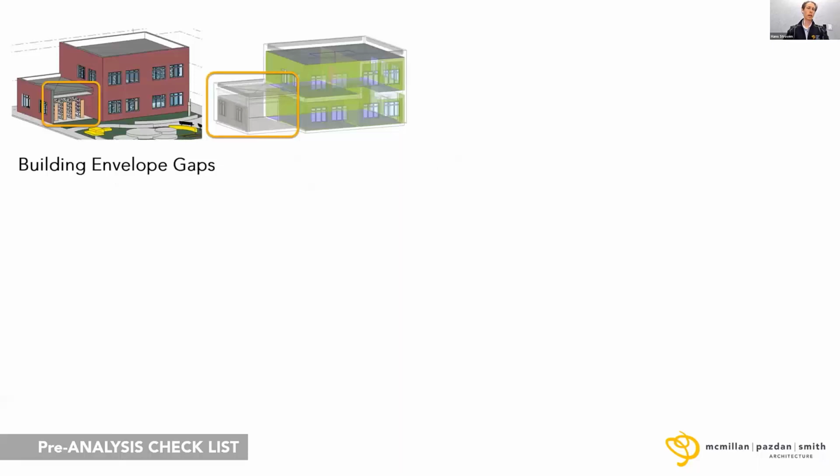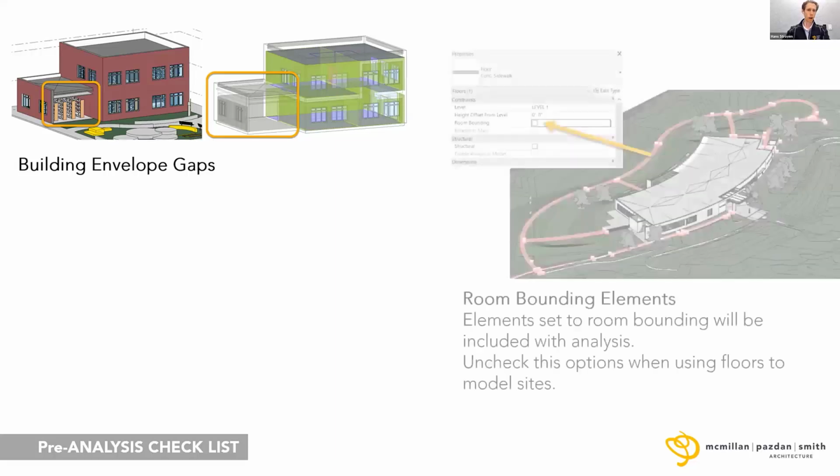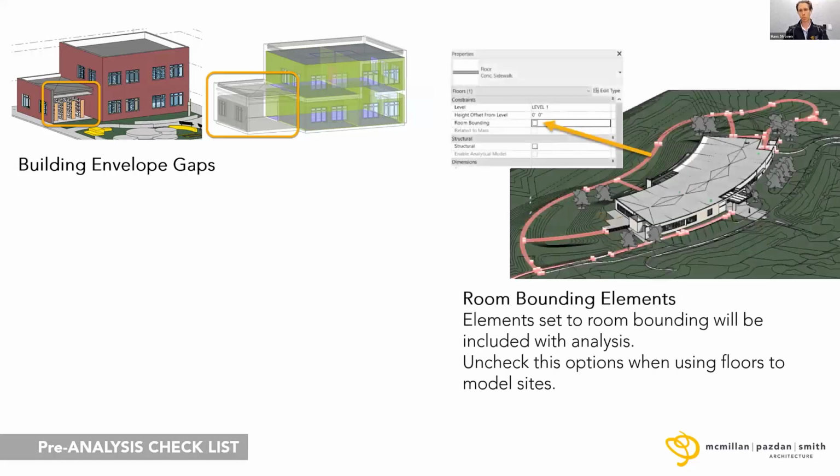And then for some modeling aspects of things, one, if you have any building envelope gaps, it's going to register. Like in this example here, I've got a large wall missing in my building, and it's picking that space up as shading because it's not fully enclosed, or it's not registering it as a conditioned space of the building. Next is room bounding elements. I know at least a lot of our designers use floors as site elements.